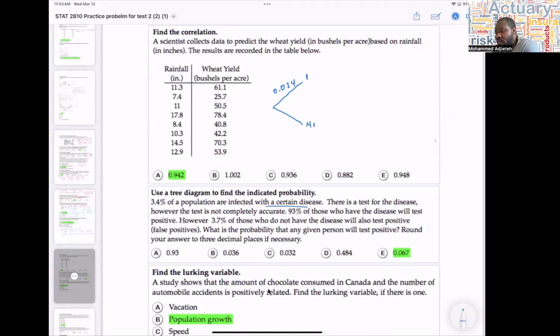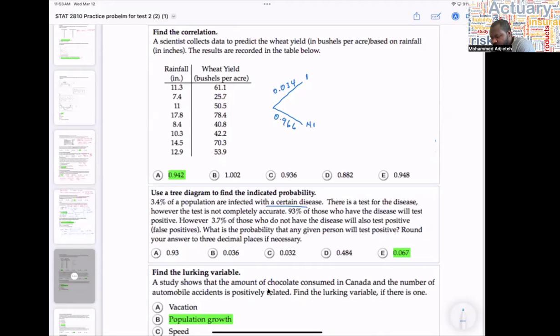If here is 0.034, what do you think here would be? All you have to do is 1 minus 0.034. Let's do that on our calculator. That is 0.966. Okay, we are done with that.